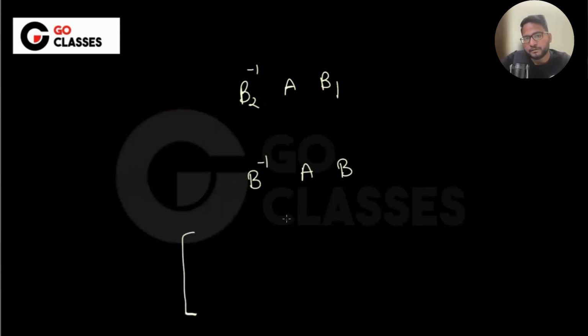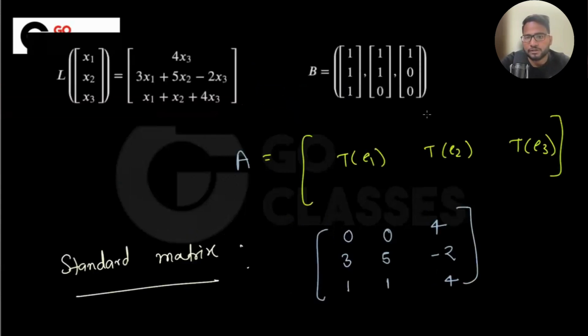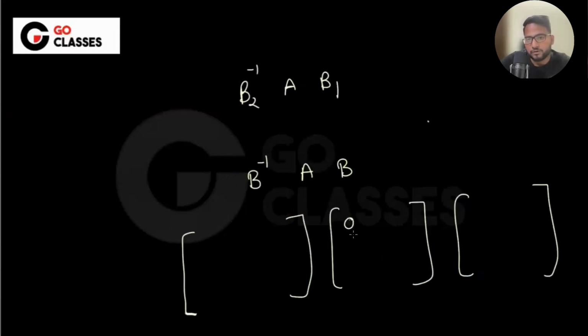So what is B inverse A B? I think yesterday also we did a similar question. So this is 0 3 1, 0 5 1, 0 3 1, 0 5 1, and 4 minus 2 and 4, right?